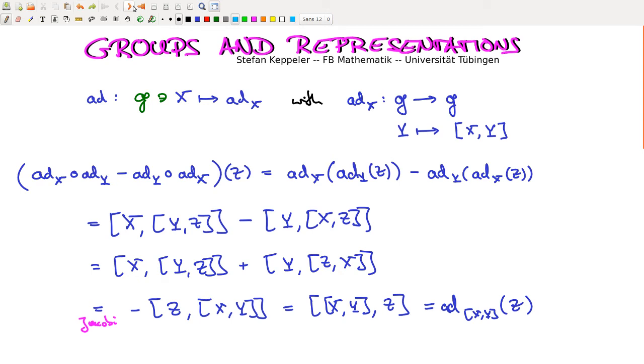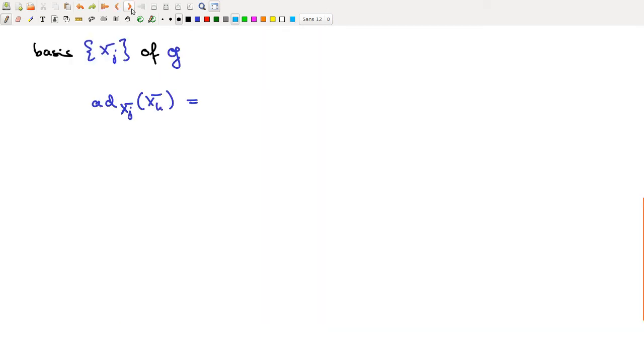And now, what do the representation matrices look like? If the x_j are a basis of the Lie algebra, then let's look at ad_{x_j} applied to x_k. So this is a linear combination of the x's again, since they are a basis, and the result is in the Lie algebra. So we sum over l, x_l, and what are the coefficients? The coefficients are the matrix elements of this ad_{x_j} thing here, matrix element lk of ad_{x_j}.